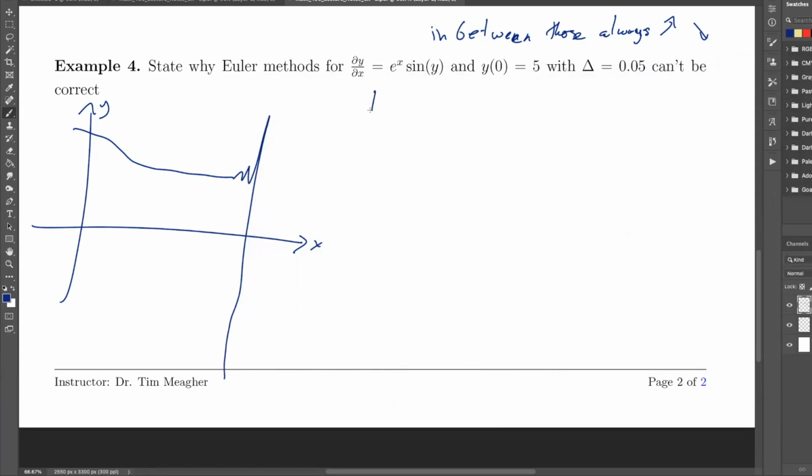Let's answer some quick questions. Do solutions exist for this? Is this continuous everywhere? Sure, right? This is continuous in x and y, so yeah, solutions exist. So here I have a function of x and y. Is this continuous everywhere?